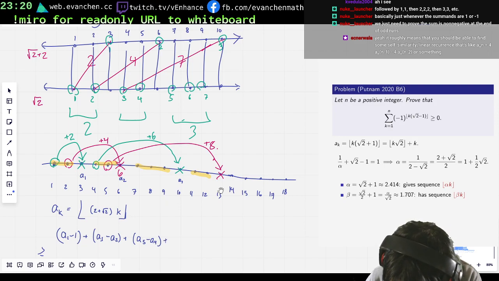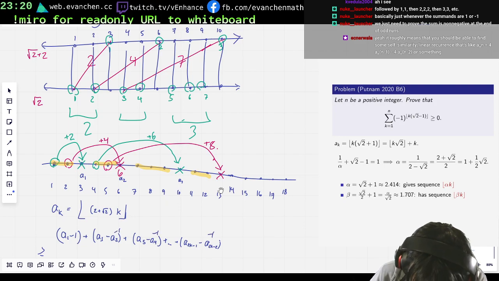At some even index, yeah. A_{2k-1} minus A_{2k-2}. Minus 1, minus 1, minus 1. We want this thing to be at least A2 minus A1 minus 1 plus blah blah blah.